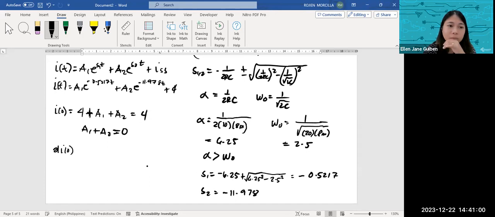Next, we will be doing the di of dt, which is the derivative of this one.